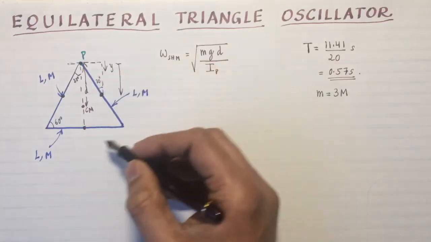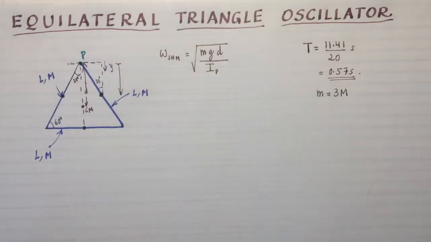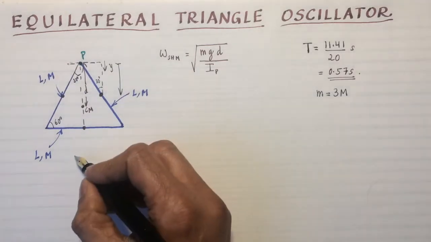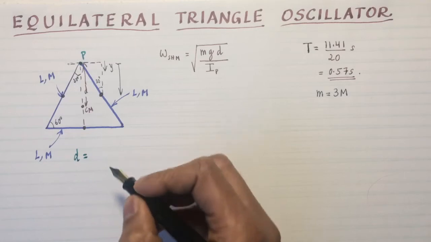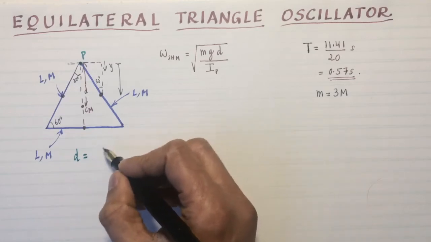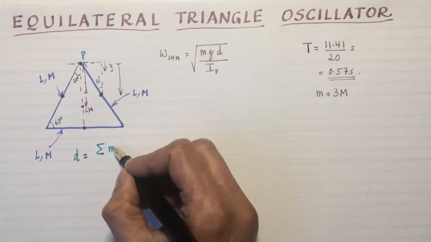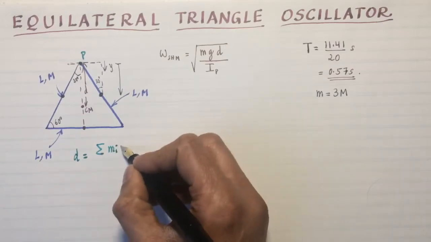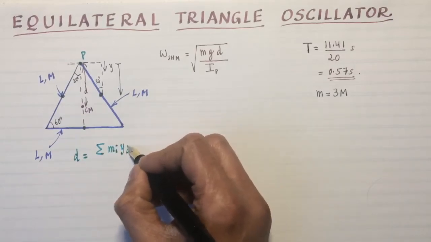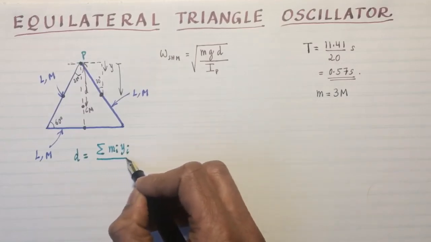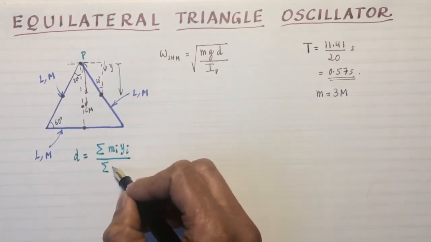So once we have that, it's just a simple matter to find the center of mass. The coordinate of the center of mass, which I'll call simply d, is going to be the sum of all the individual masses making up the rod, times their individual y-coordinates, divided by the total mass of the rod.